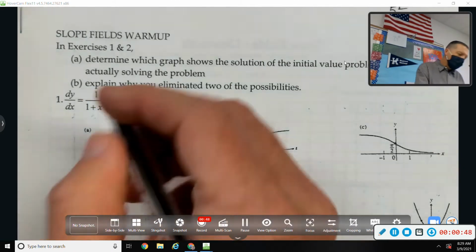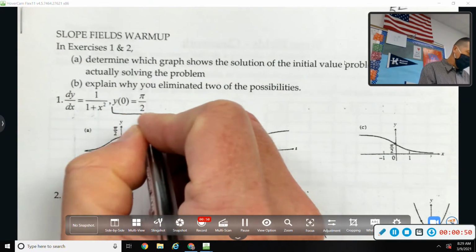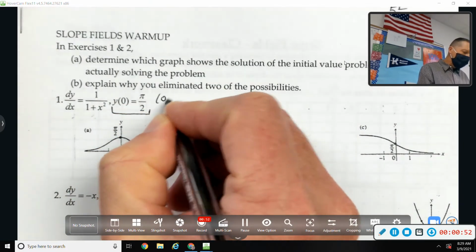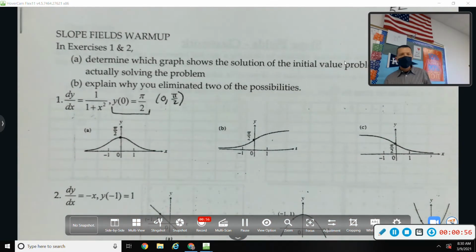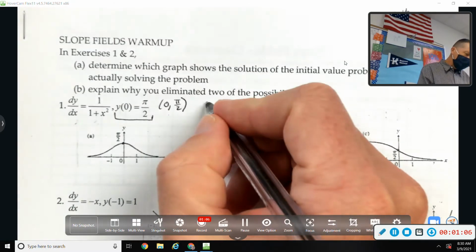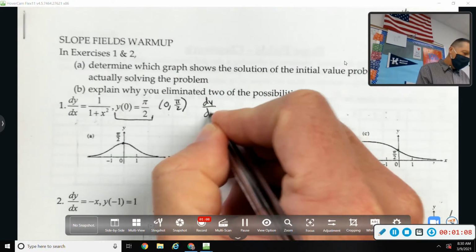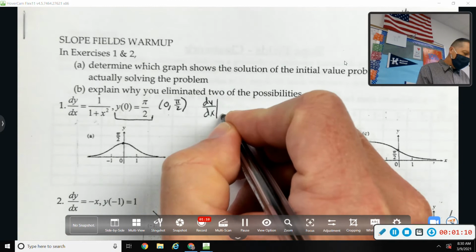So let's check the point first, because that would be the easiest thing to check. I need to see if any of those graphs don't go through 0, pi over 2. Well, that didn't help, because they all go through 0, pi over 2. So my next thing is, let's check the slope somewhere. dy/dx, let's check x equals 0.